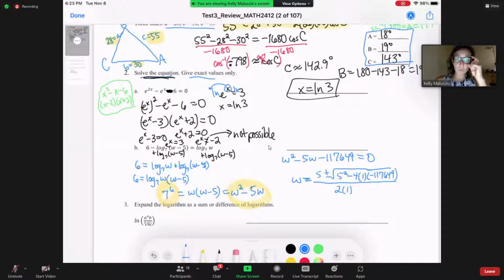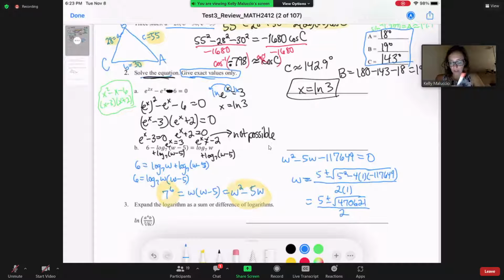After some work with this, I left this as 5 plus or minus the square root of a really big number. I didn't get the decimal because it says exact, which is why this is cruel. Maybe it's not cruel. If you had to do this on the test, you would just leave it like this, right?